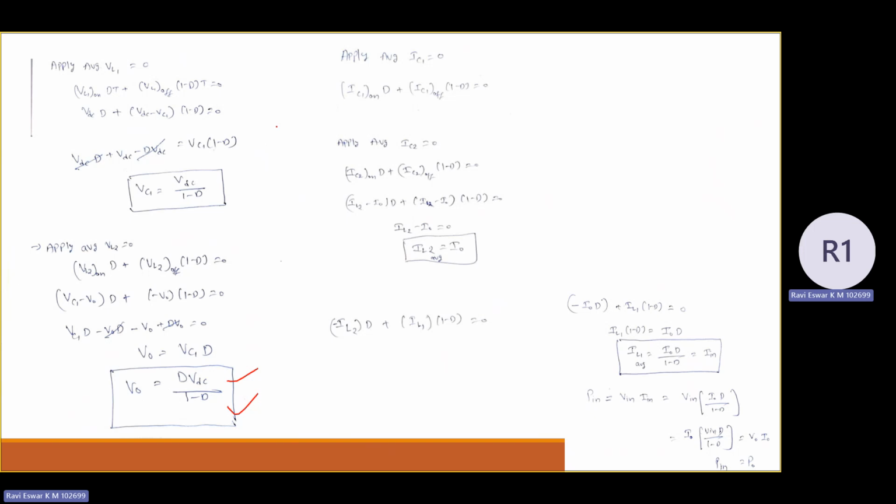See, it is similar to the buck boost converter. Okay, now let us see with respect to the capacitor current. So here you can get some conclusions if you analyze average current through capacitor equal to 0. That is what we have seen for the buck converter, boost converter and buck boost converter.